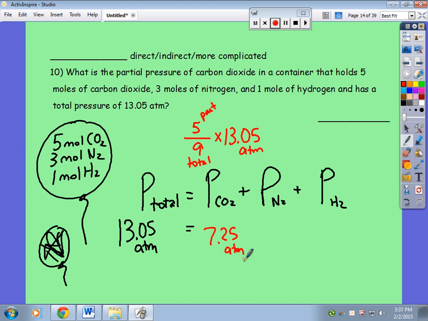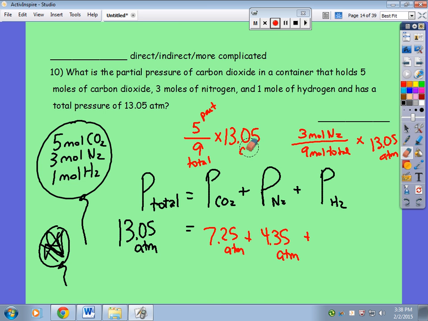Now, how would you figure out the pressure of nitrogen? Well, the pressure of nitrogen is what? 3 moles of nitrogen out of 9 moles total. That's what part of the total pressure it is. So you take 13.05 atmospheres and multiply it by that mole fraction, and you come up with 4.35 atmospheres. Okay? Now how do you do hydrogen? Well, when you do hydrogen, you do a similar type of problem.